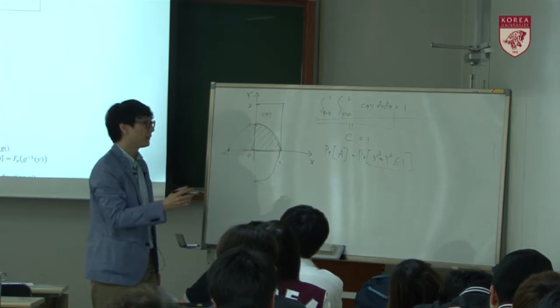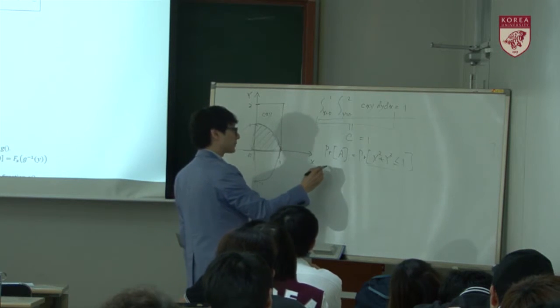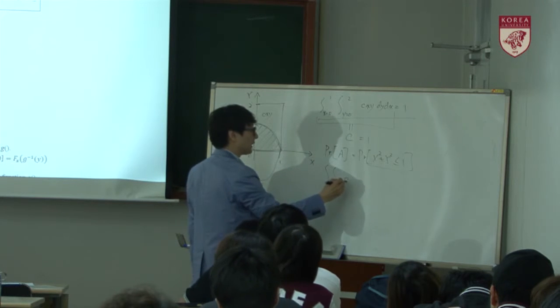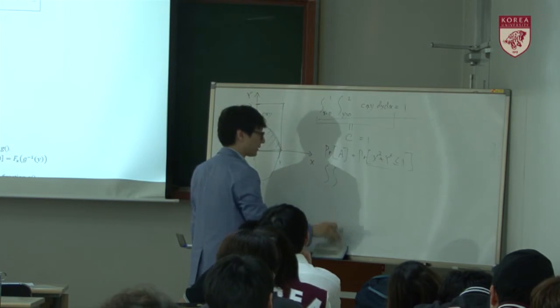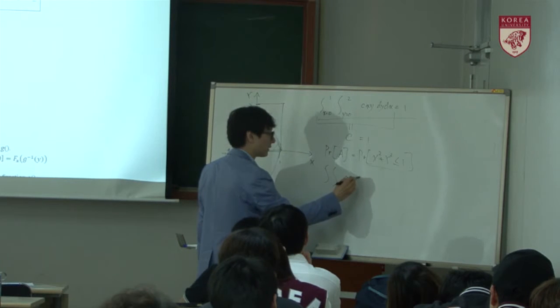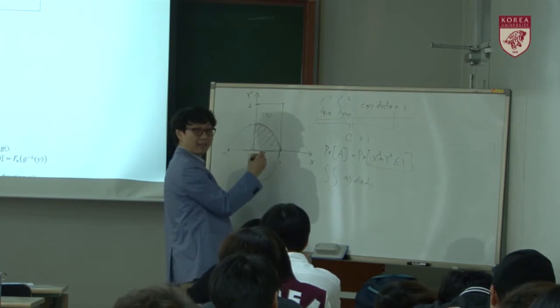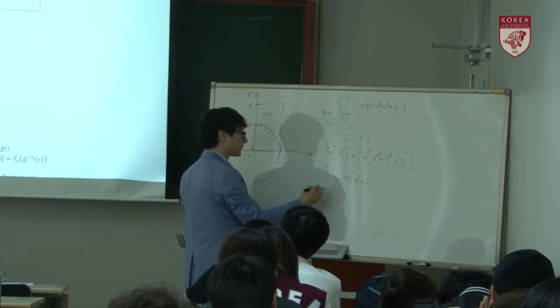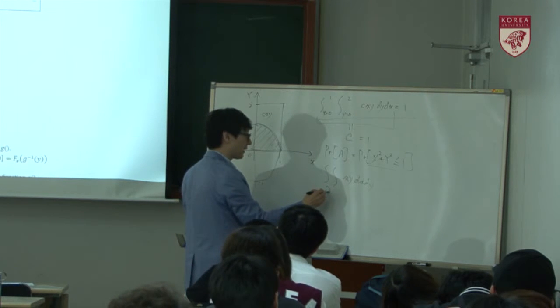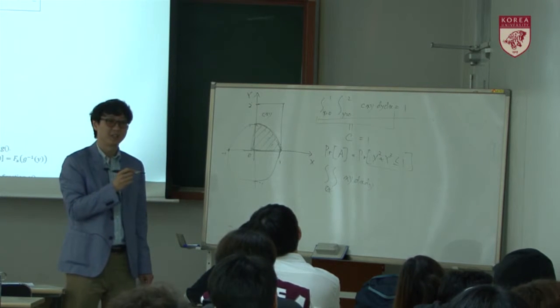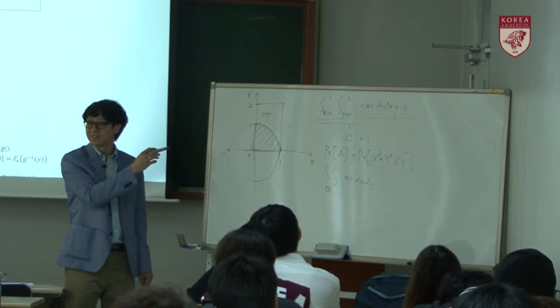Basically, what we want to do is integrate the joint PDF of x and y, dx and dy, over this area A. How can we integrate?